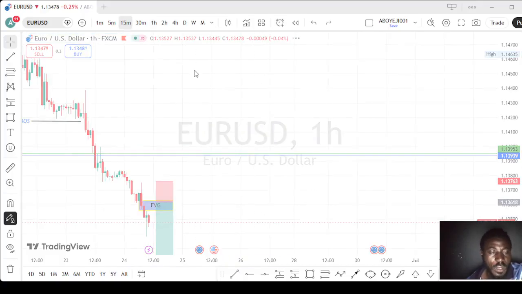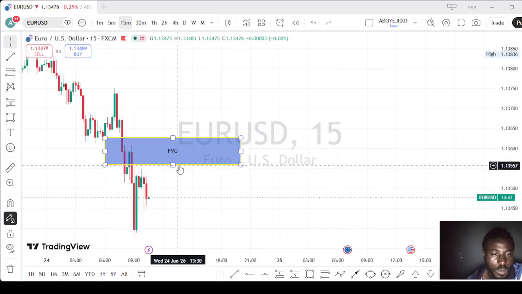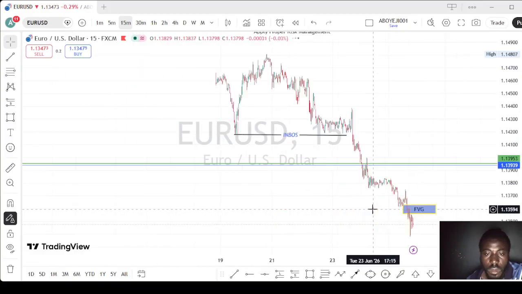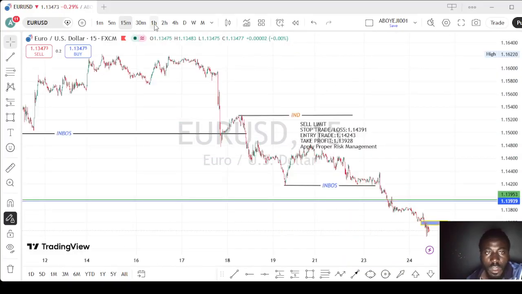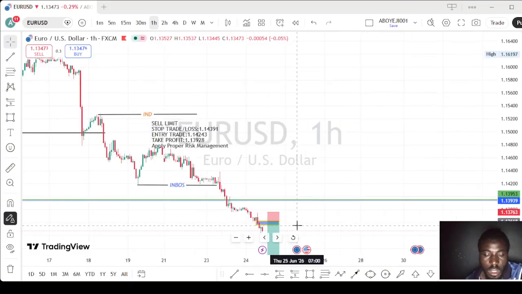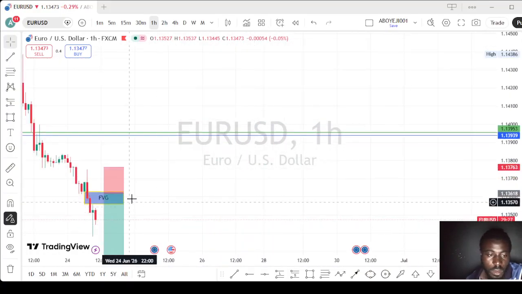On the 15-minute time frame, let's see what it is giving us. If we define this opportunity on the 15-minute, I think I've plotted this. Does it go when I'm in the 15-minute time frame? This is it now.